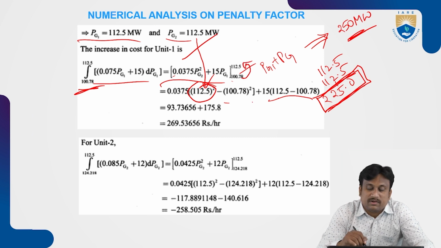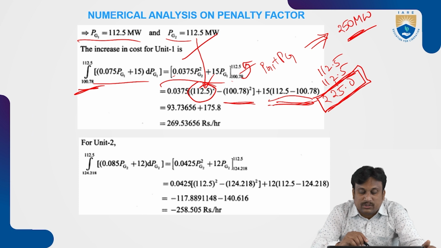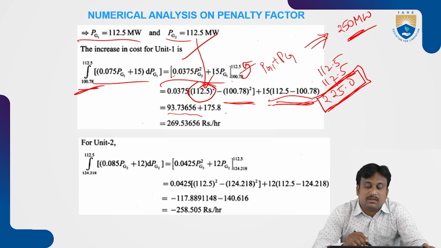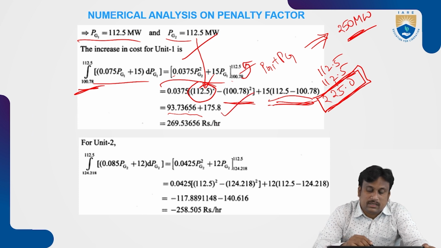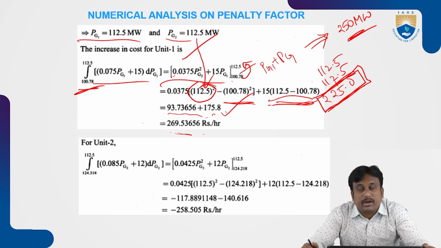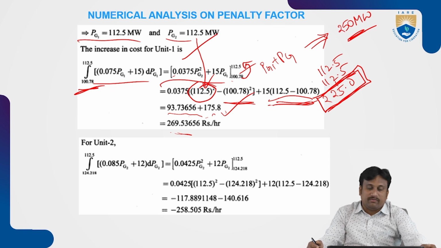Substituting, you obtain 93.73656 plus 175.8, which gives 269.536 rupees per hour. So this is the increase in cost for unit 1.